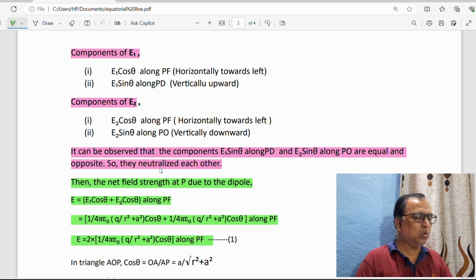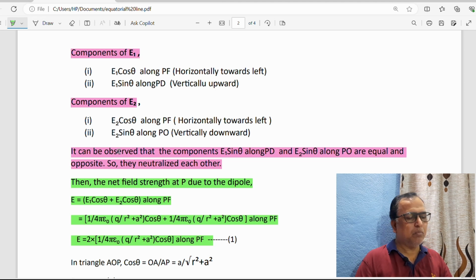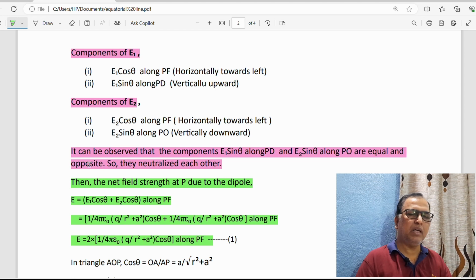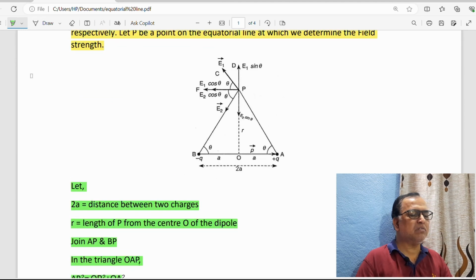So that is equal to 1 by 4 pi epsilon naught, q by r square plus a square, cos theta, plus 1 by 4 pi epsilon naught, q by r square plus a square, cos theta, along PF. That is equal to 2 into 1 by 4 pi epsilon naught, q by r square plus a square, cos theta, along PF.